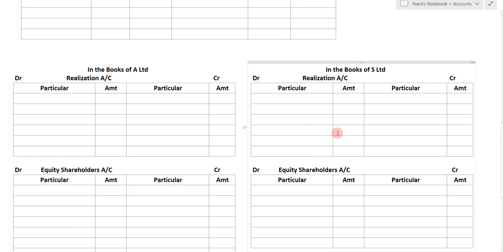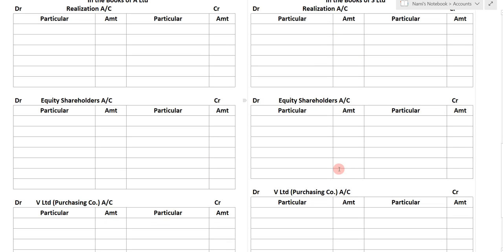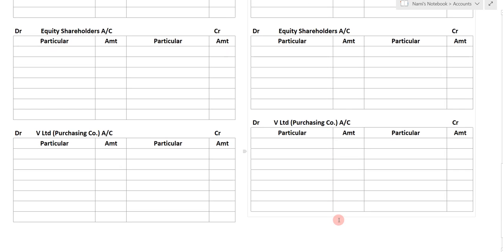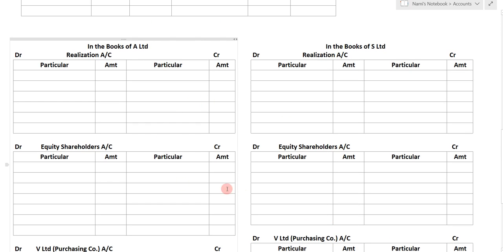The same for the books of S Limited: realization, equity shareholders account, and V Limited account. So like this, you have to prepare the following accounts.